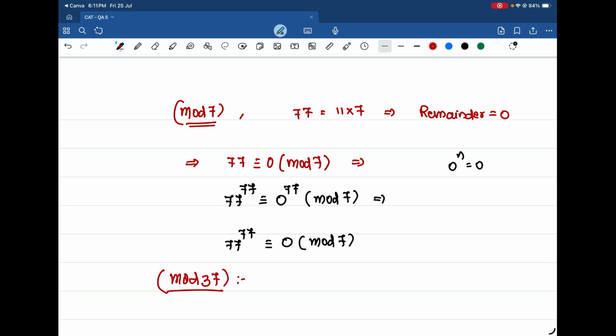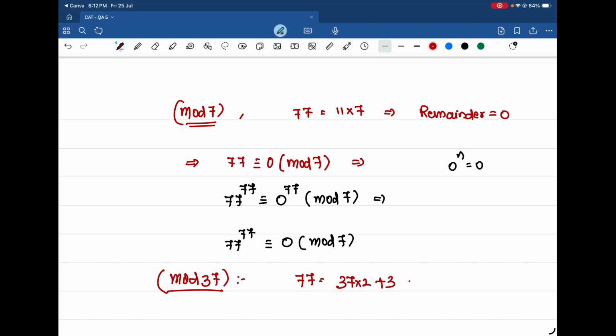With respect to the numerator, we are finding the behavior. 77 is equal to 37 into 2 plus 3.